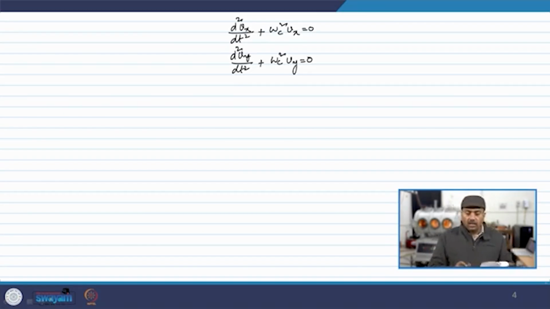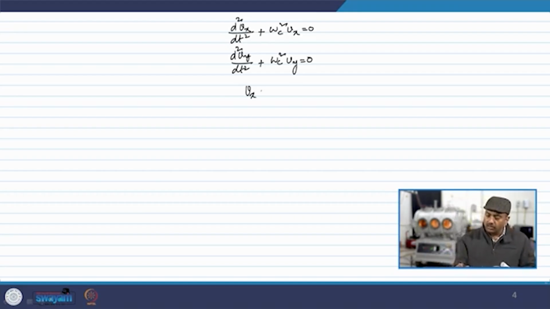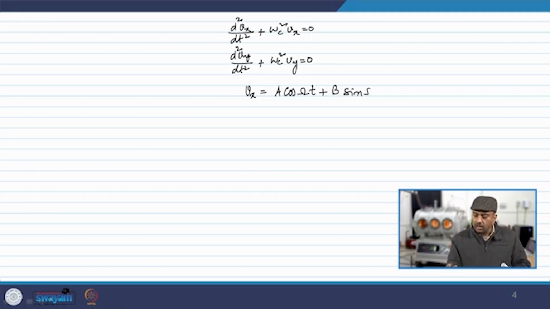Okay. So, for this type of equation, I start with Vx. Vx is a cos omega t plus b sin omega t. Fine. So, we have these constants a and b, right.